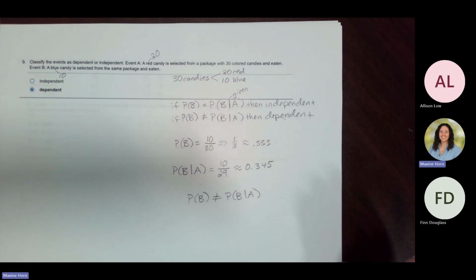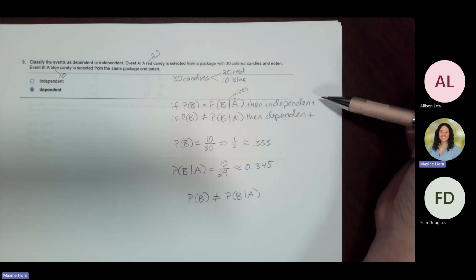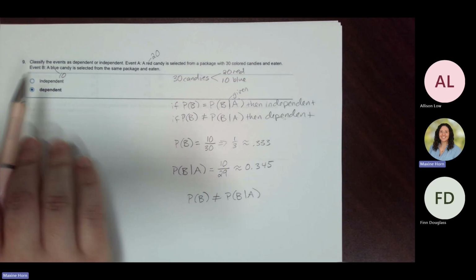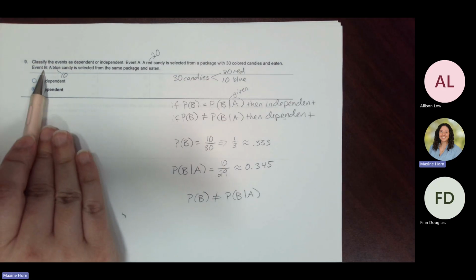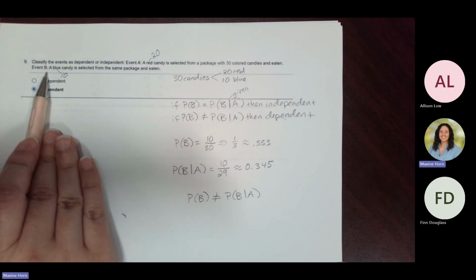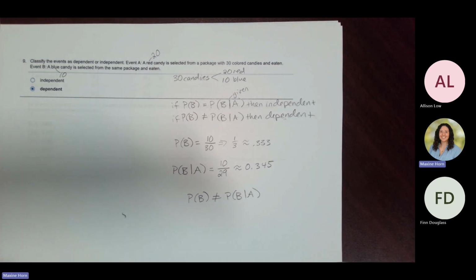And you can kind of think of it in the way that we normally think about these words, right? Dependent versus independent. Event B, the probability of this depends on whether or not A happened. If A happens, it changes the probability of event B. That's what this boils down to, is does one thing happening affect the probability of the other one? And in this case, yes, it does.